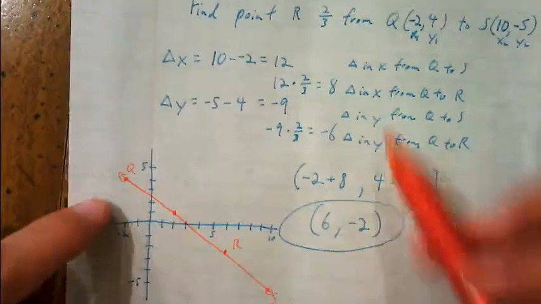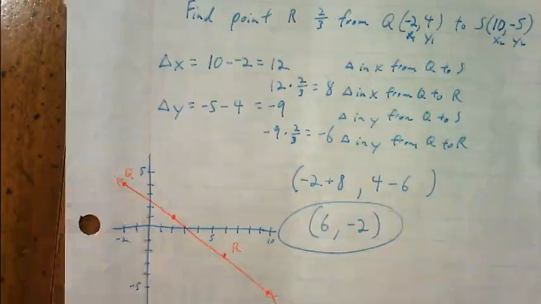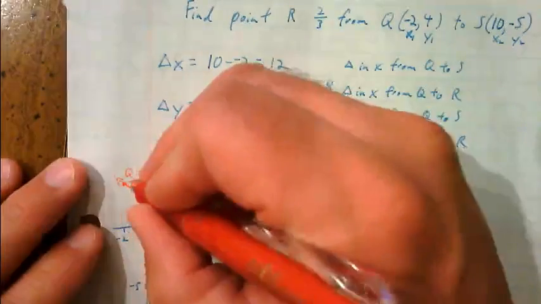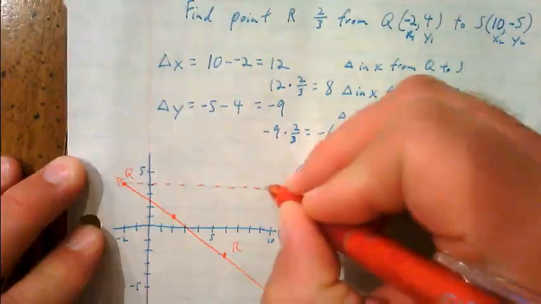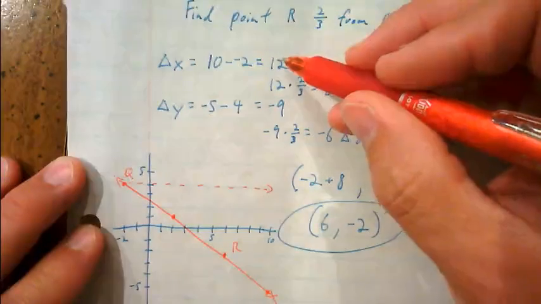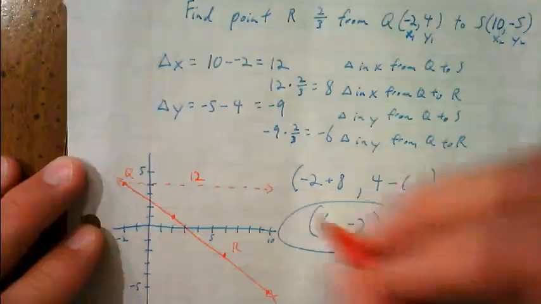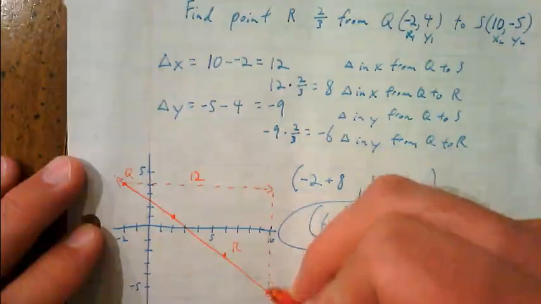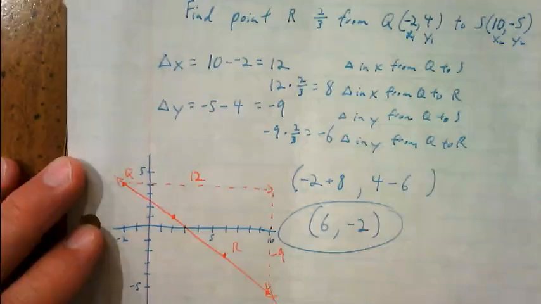Again, all I really did with this equation here is I took the total change from Q to S, so this length here. So this is a visual demonstration now, I went over 12 units originally, and then down -9 units originally.